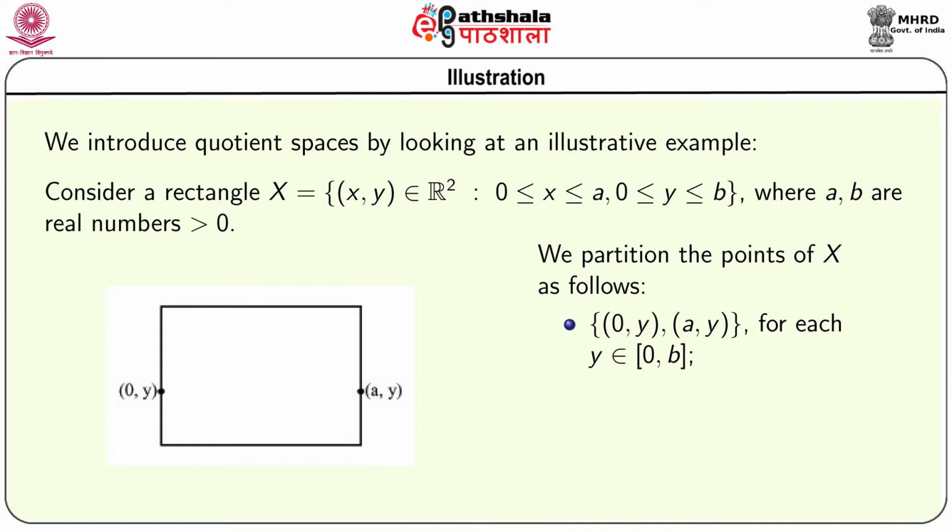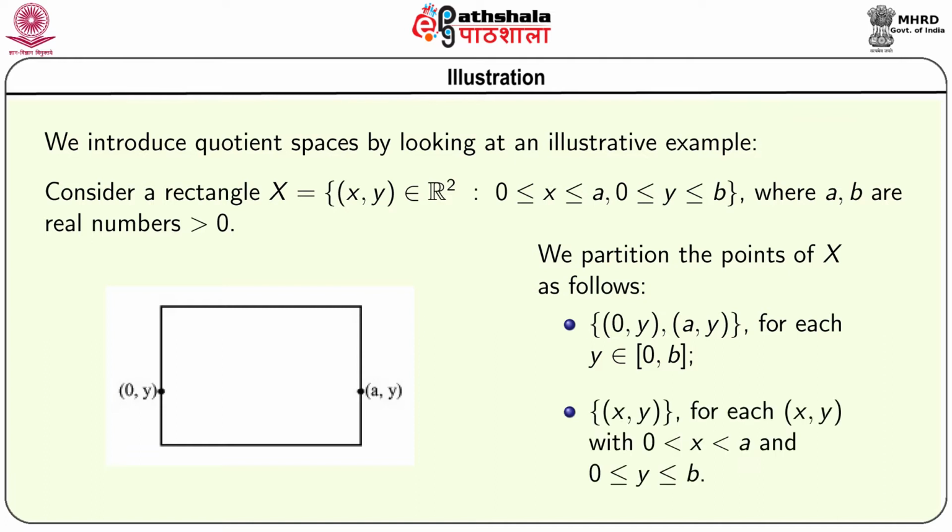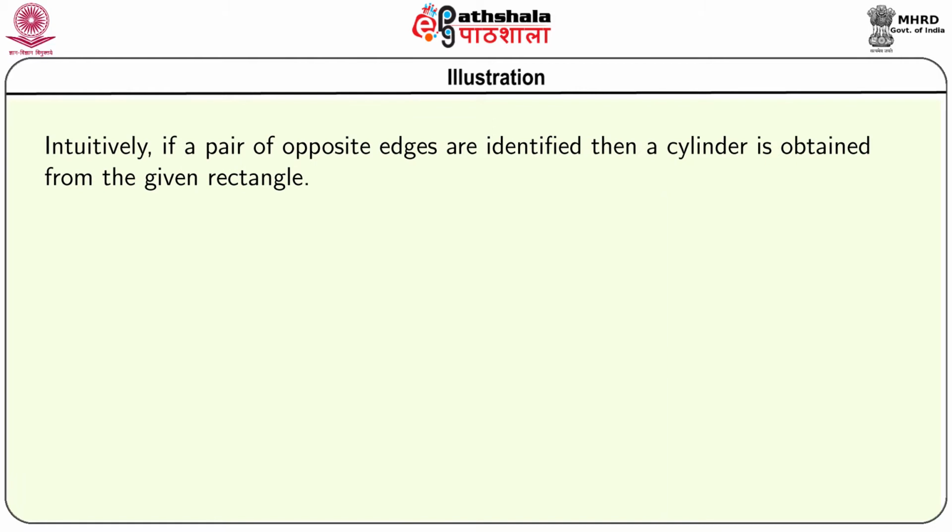So, that means we are taking the points 0, y and a, y in the same set of the partition, where y varies from 0 to b, and any other point of the rectangle will be in the singleton set x, y. So, that means we are identifying the opposite edges of the rectangle and we obtain a new figure which is actually a cylinder.